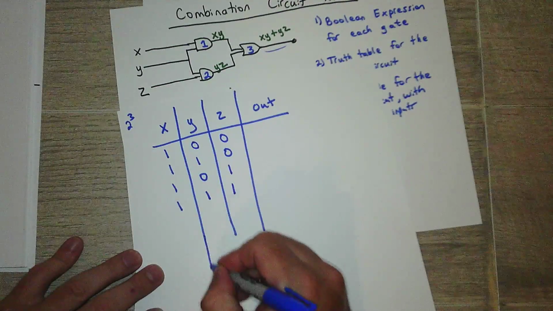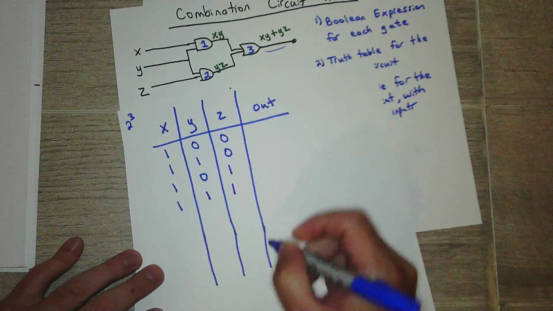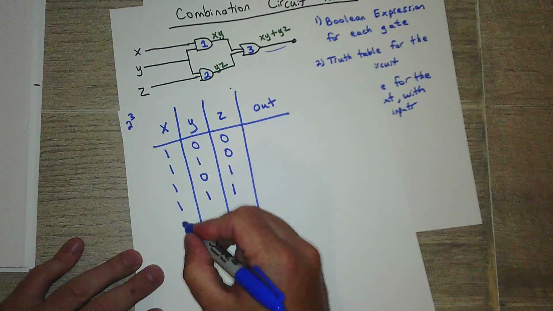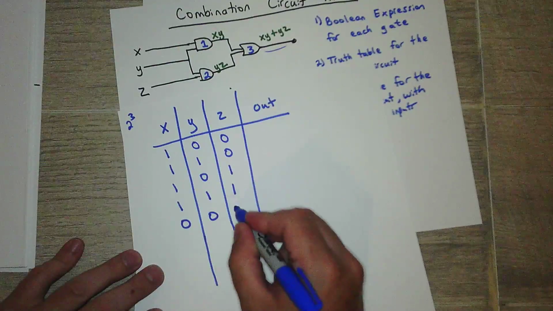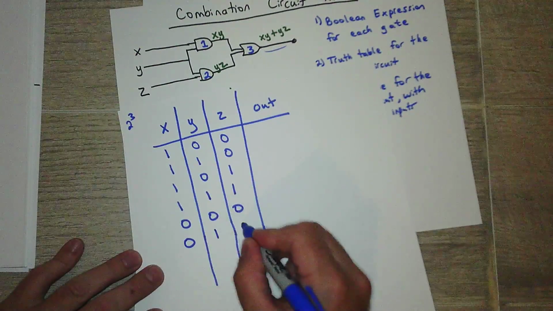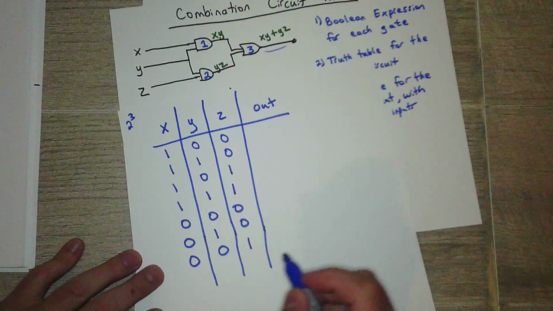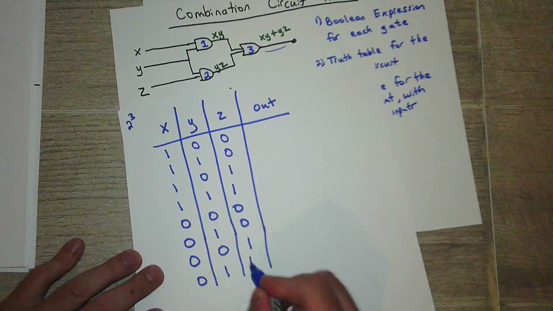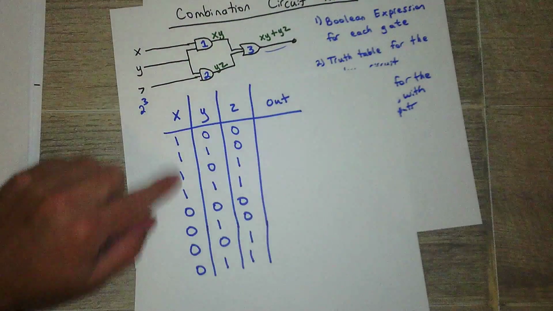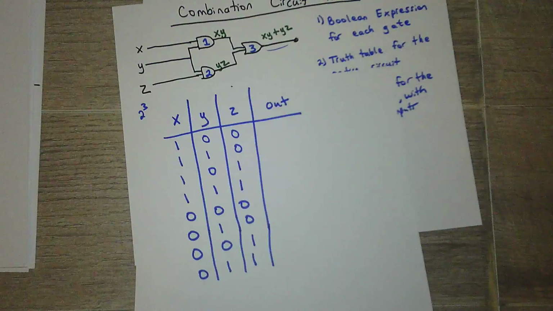So I have 4 ones for X, and then all zeros, 0, 1, 0, 0, 0, 1, and 0, 1, 1. So 4 and 4 gives me a total of 8.